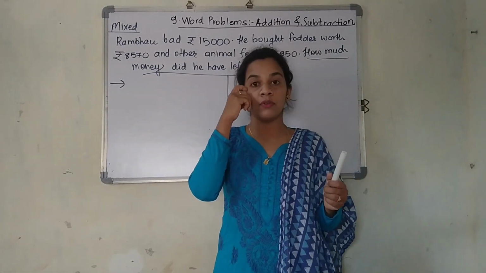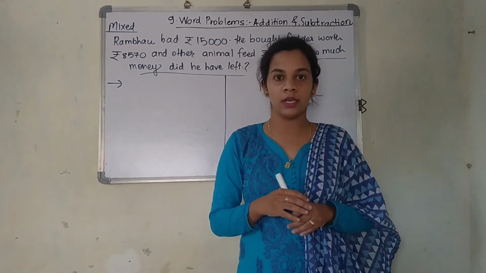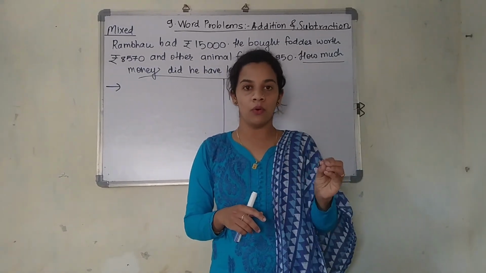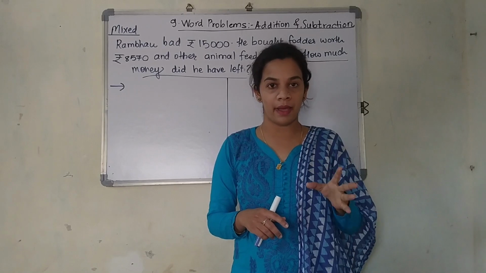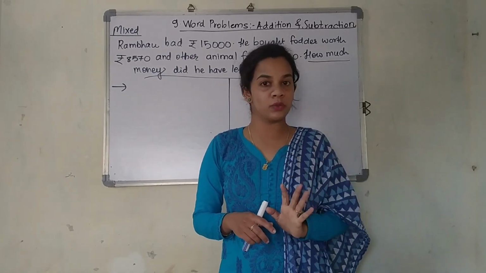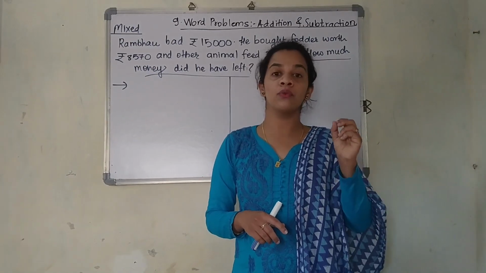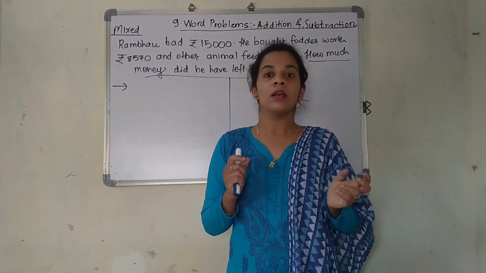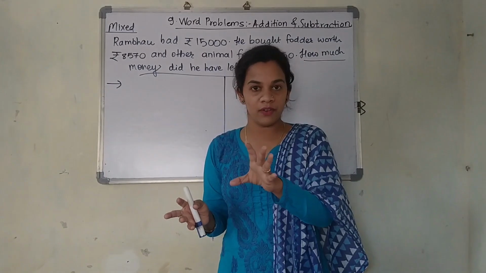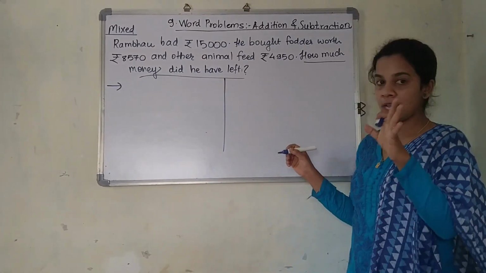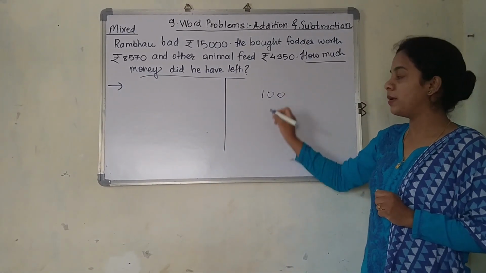Suppose your mother gave you 100 rupees and told you to go to the shop and bring a milk packet costing rupees 25. And she told you to bring a Maggi sachet, which is rupees 5. So mother gave you how much? 100.